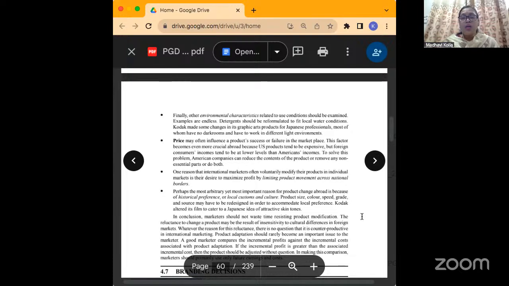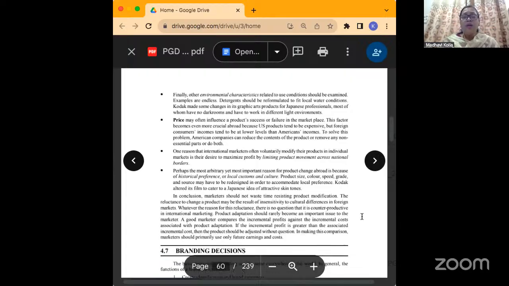The local water conditions. Does it have more salt? What would affect the detergent from functioning as it is expected to behave because of the changes in the salinity in the hard water versus soft water, etc.